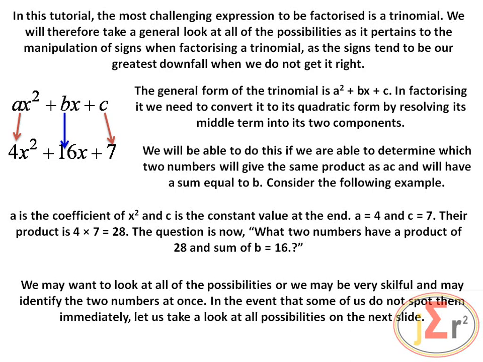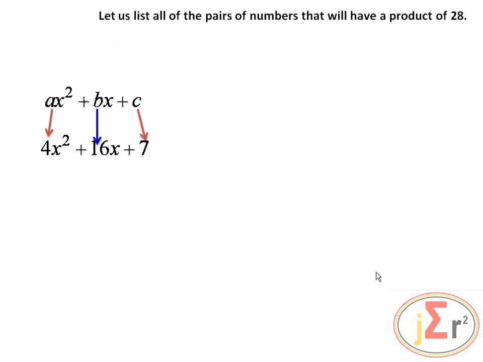So of the numbers that multiply to give 28, we need the pair that has a sum of 16. Let us list all of the pairs of numbers that will have a product of 28. There they are: 1 multiplied by 28, 2 by 14, 4 by 7.